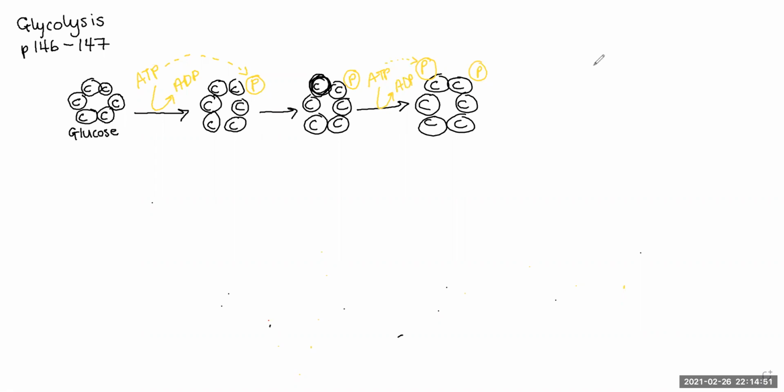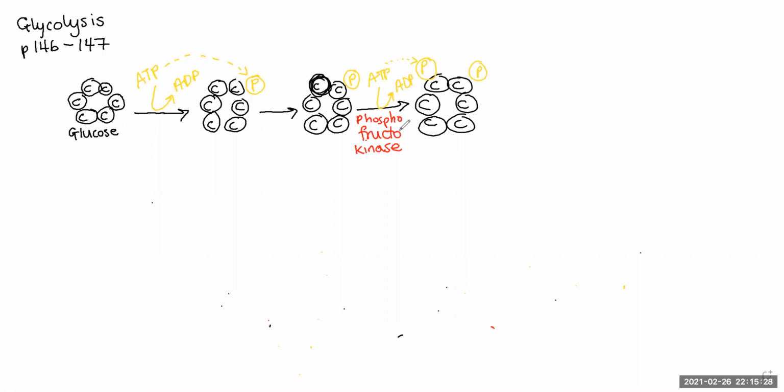The difference is that while this is in fact going to be a reaction catalyzed by a kinase, this is a name that you are responsible for knowing and can give me, let's say on an exam, which is phosphofructokinase. That name comes from the fact that this 6-carbon molecule with a single phosphate on it is something known as fructose 6-phosphate. So this kinase is adding a phosphate onto a molecule with that very similar name.